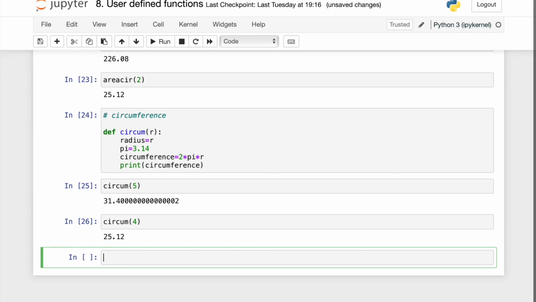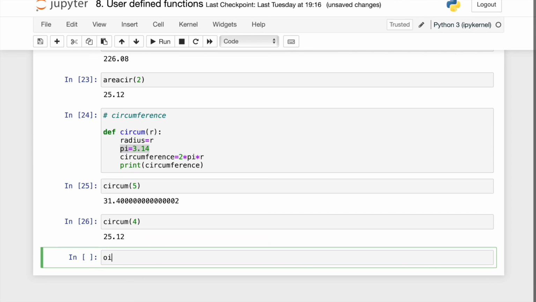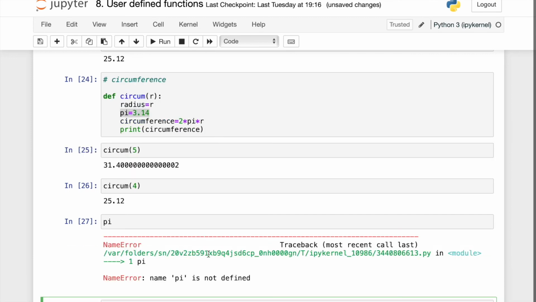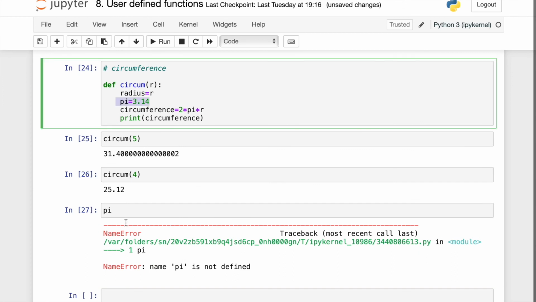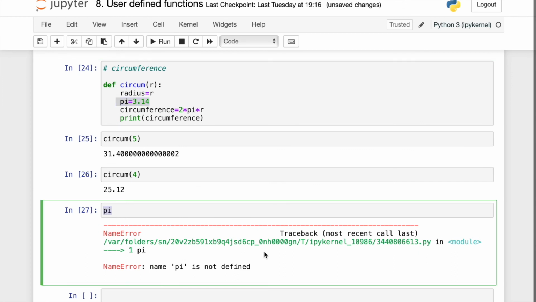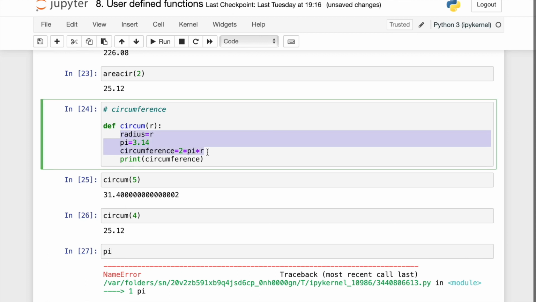Now, as I have defined the value of pi as 3.14, let's see, can I check this value? I say pi. Name pi is not defined, but I have defined pi here. Why is it saying that pi is not defined? Because the life cycle of these codes is only during the function.